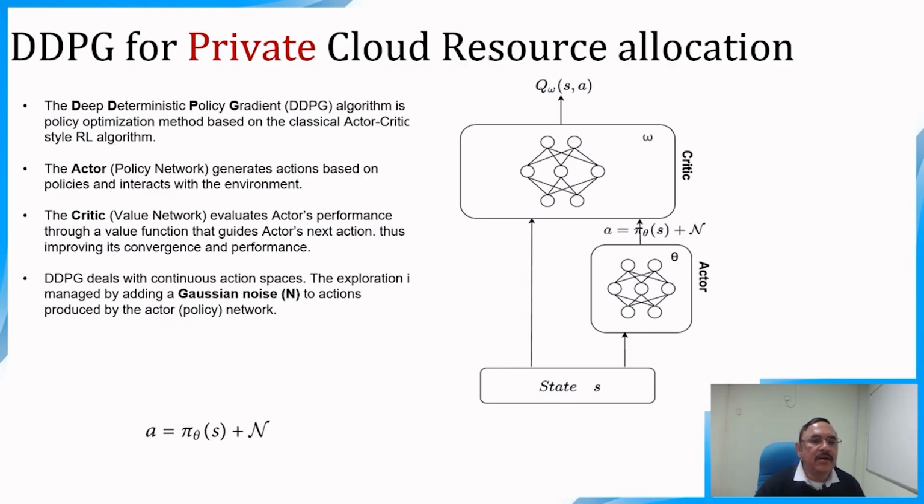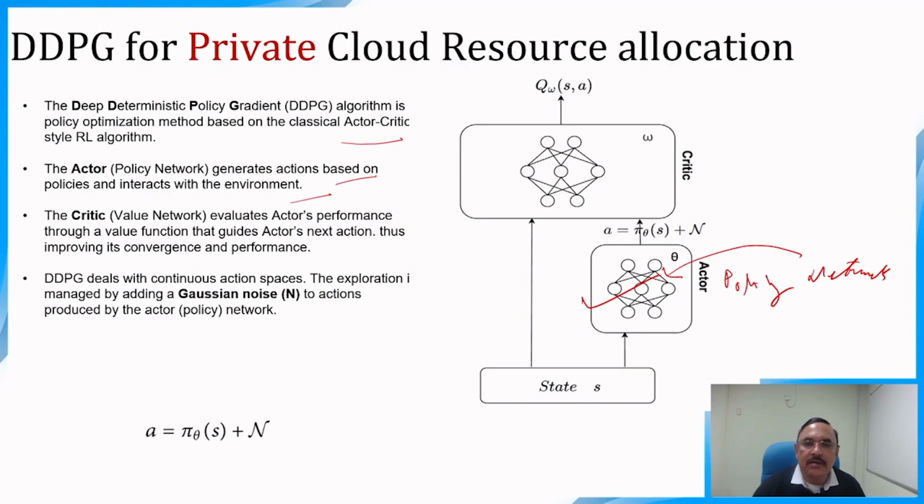So, the deep deterministic policy gradient algorithm is a policy optimization method based on the classical actor critic style reinforcement learning. Actor is the policy network, here this one. When we say policy network, it means it is a deep neural network which implements the policy. So, the actor policy generates the actions based on the policies and interacts with the environment.